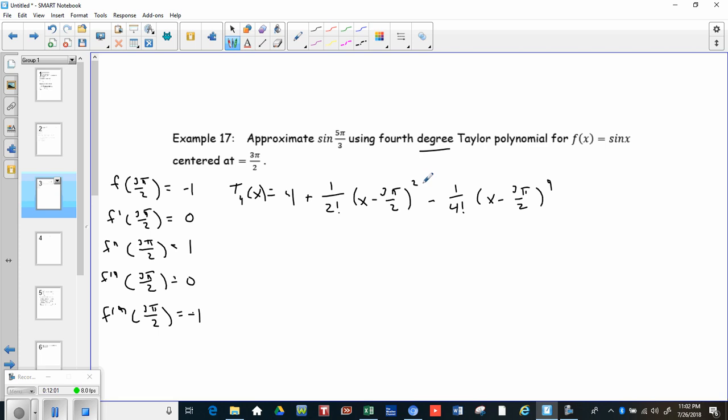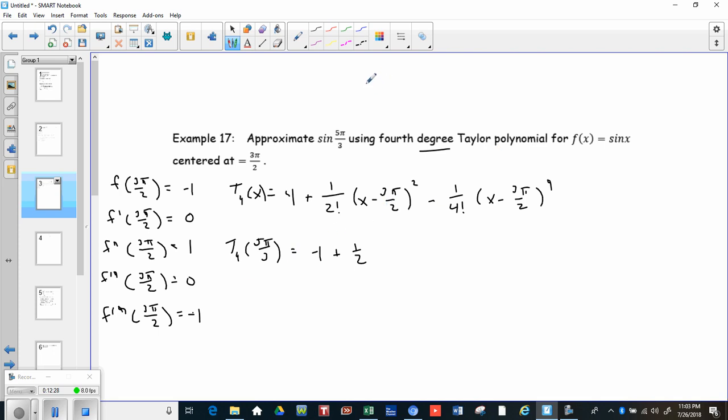All right, so we want to evaluate this at 5 pi thirds. That's what we're trying to approximate. So we're going to have a Taylor polynomial of fourth degree evaluated at 5 pi thirds, which will be negative 1 plus a half. Now we have to do 5 pi thirds minus 3 pi halves. So the common denominator there is 6.